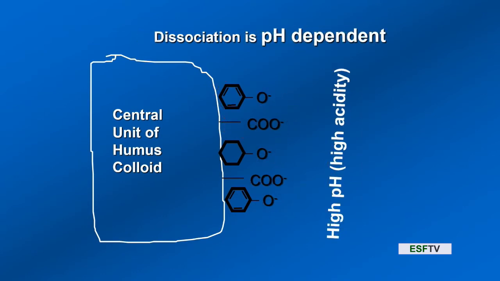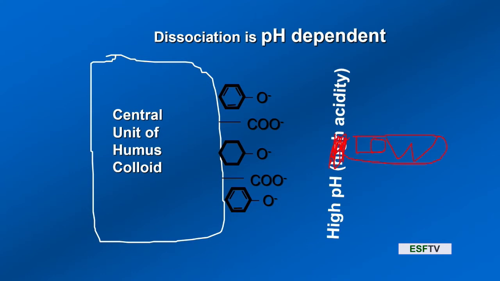Under high pH, okay, and this is backwards, and I apologize for this. High pH, low acidity, and this will become really apparent when we show you the scales. Okay, the dissociation is massive, right? A lot of dissociation when you have high pH or low acidity.